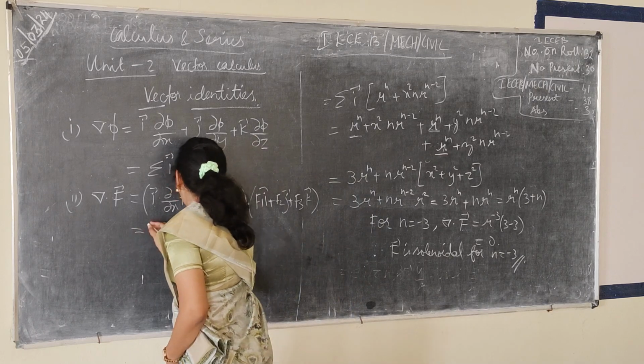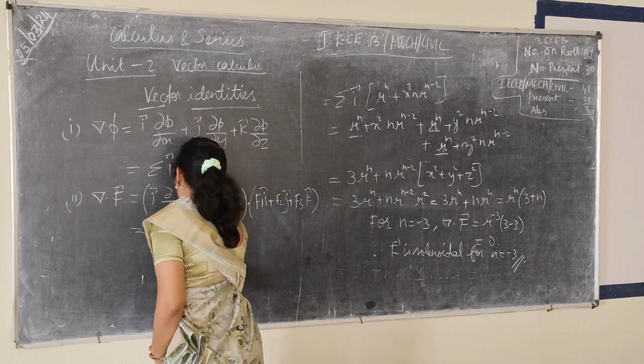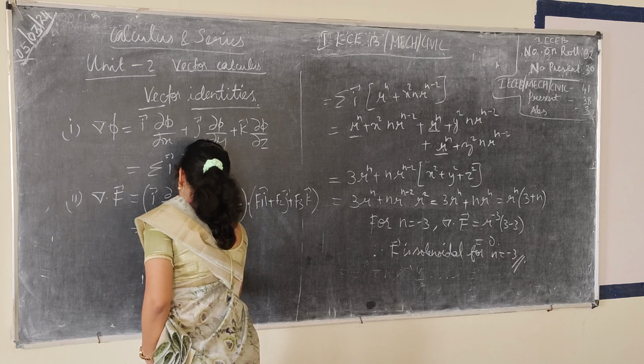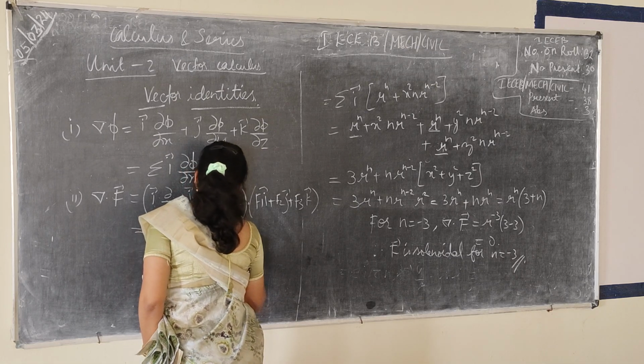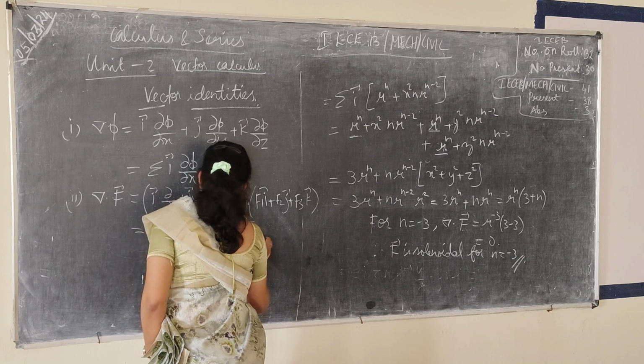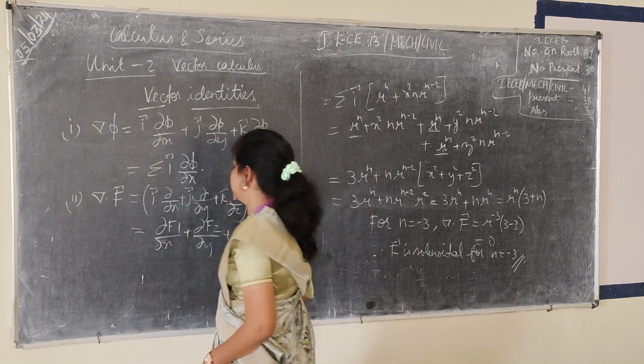So on multiplying, you will get dou f1 by dou x plus dou f2 by dou y plus dou f3 by dou z.